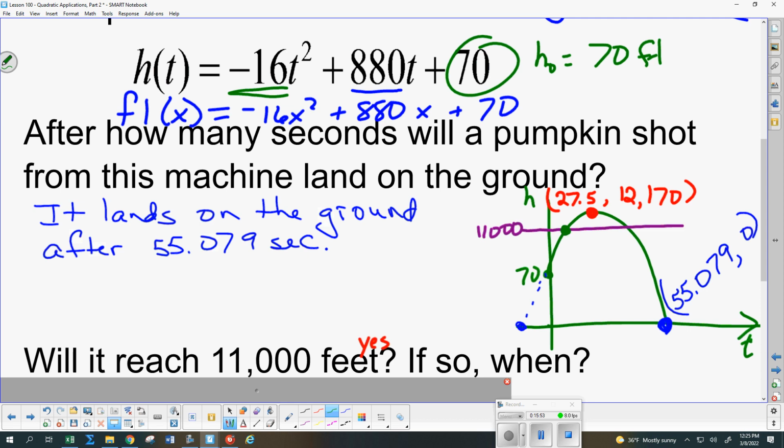Does it make sense that it will get to 11,000 feet on the way up to 12,170 and again be at 11,000 on the way back down? So I want you to find both of those. Now it's intersections because you have two lines on the graph. It's not a zero, it's not a max, but it's the intersection points there.